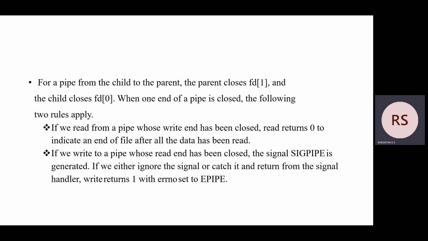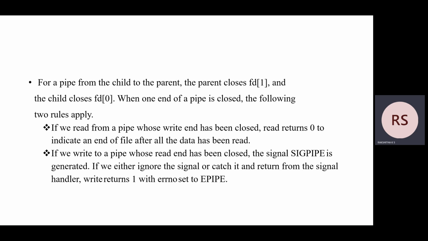Second, if we write to a pipe whose read end has been closed, SIGPIPE is generated. If we either ignore the signal or catch it and return, write returns -1 with errno set to EPIPE.